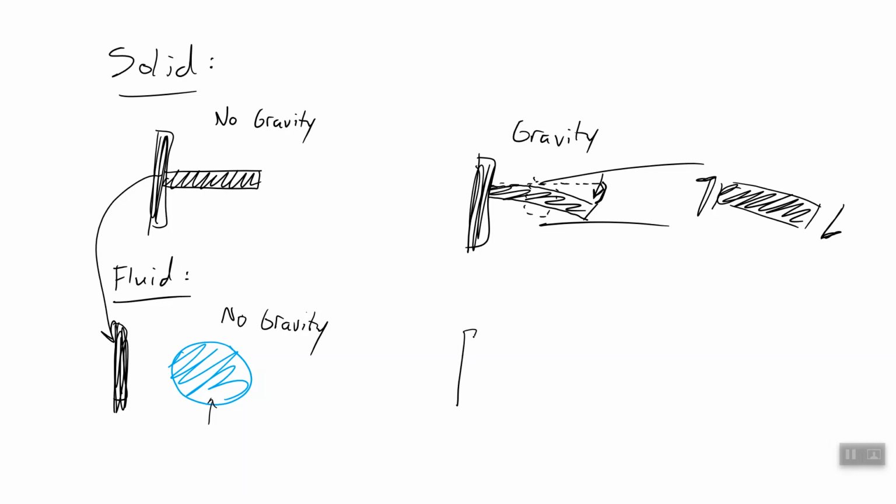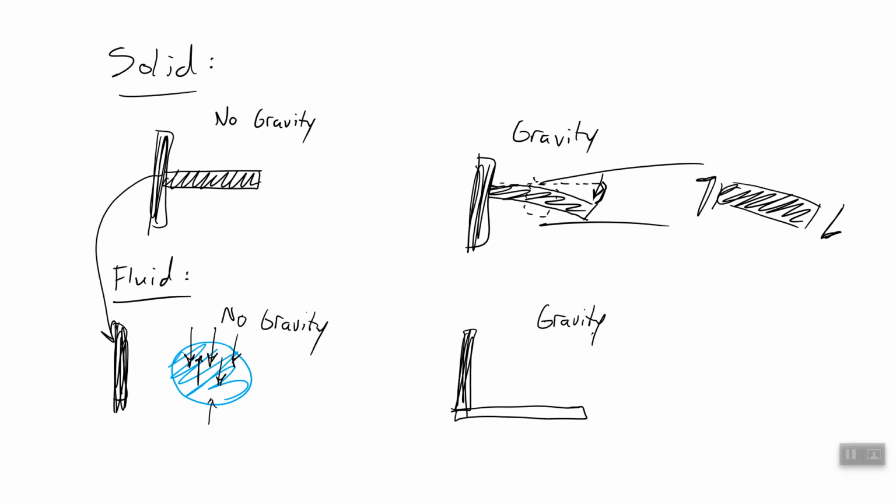Now, if we apply gravity, so we turn gravity back on, well, our solid deflected a little bit. That's how it met the shear stress present in the fluid, right? Well, when we turn on gravity and we've got forces pushing down on this water, and therefore shear kind of going throughout, then it's not going to deflect just a little bit.